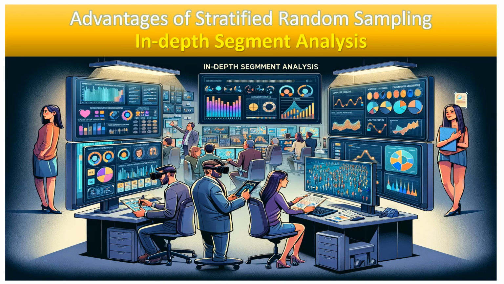Stratified random sampling enables researchers to conduct a thorough analysis of each stratum separately. This in-depth examination allows for the identification and understanding of unique characteristics and patterns within each subgroup. Such detailed analysis is particularly beneficial in studies where the behavior or responses of specific segments of the population are of interest.